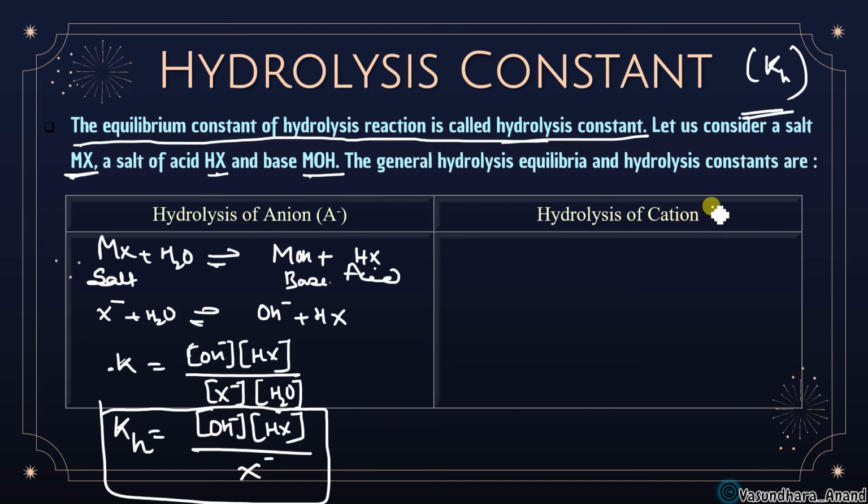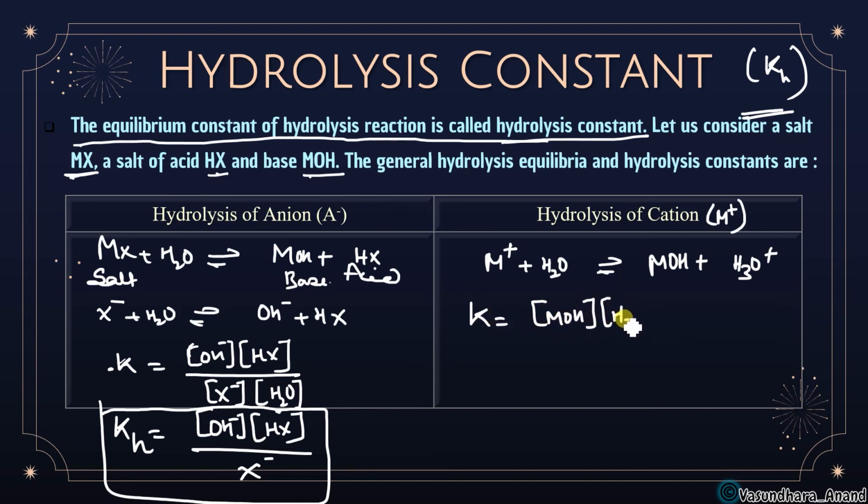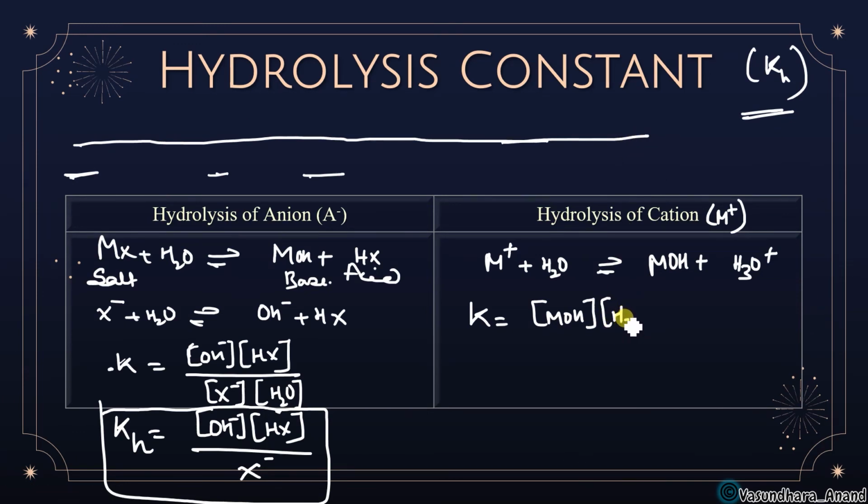So cation is here M plus. Okay. So cation के लिए करते हैं तो यहाँ पे अब MX की जगह पे यहाँ पे हमने cation anion लिया था. Now what I will take? I will take cation. तो cation is M plus. Can I write like this? Water. So this is going to give you MOH plus H3O plus, isn't it? Clear? So if I will write the equilibrium constant for this, it will be MOH H3O plus upon M plus and water.